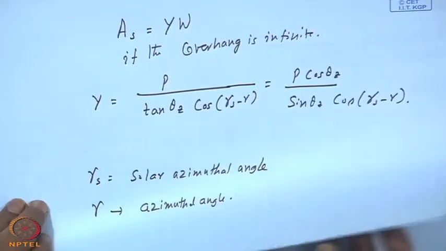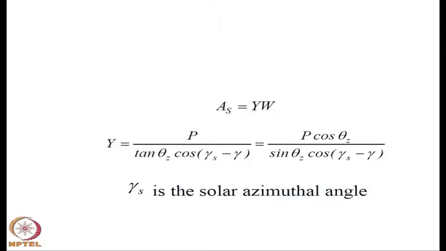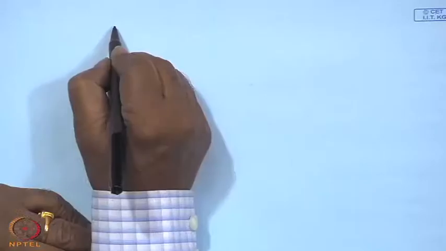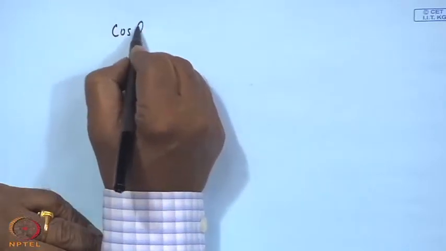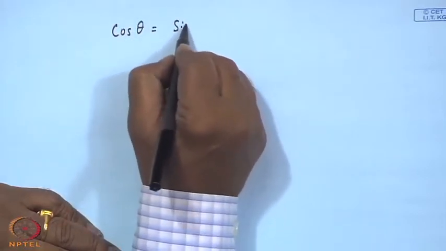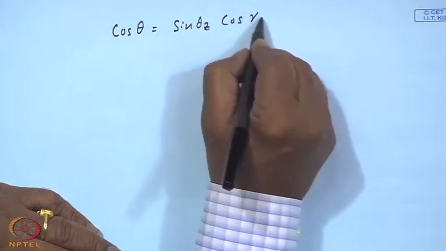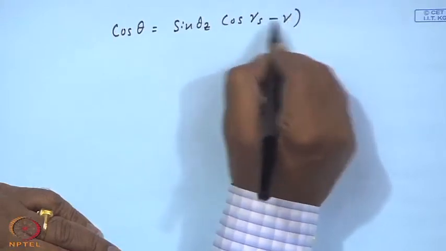So, similarly, I can take the sun's ray and its projection on the horizontal plane, and that shall be your solar azimuthal angle, with which I think it can be easily shown that your angle of incidence cos theta is related to sin theta z times cos of gamma s minus gamma.